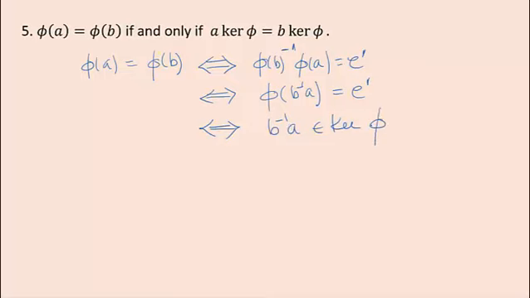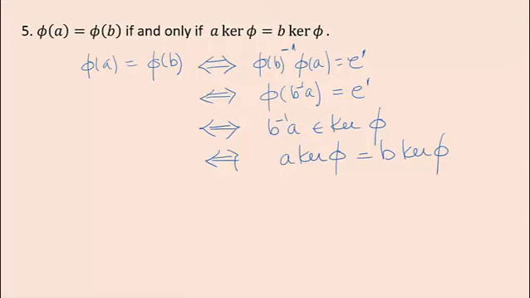But the kernel of phi, if you look at a factor group, this is a coset, and this is true if and only if, from our properties of cosets, that A kernel phi is equal to B kernel phi. They are the same.